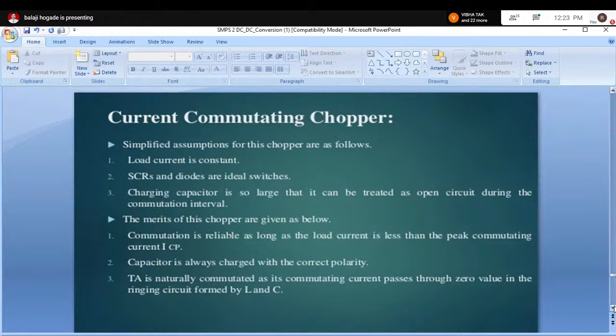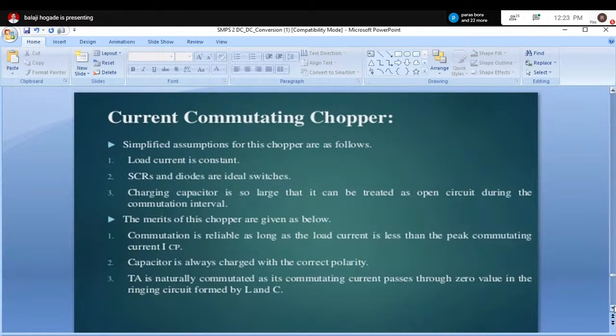Then the merits of the current commutated chopper are: commutation is reliable as long as the load current is less than the peak commutating current ICP. That means this commutation is only reliable when the load current is less than the capacitor current. Which capacitor current?